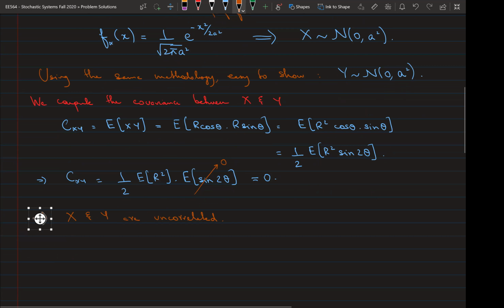So x and y are uncorrelated, and there's an additional thing that we know from before, which is that x and y are Gaussian as well. We know that x is Gaussian, and y is Gaussian.